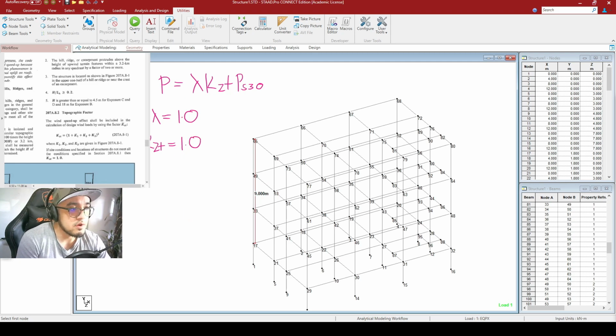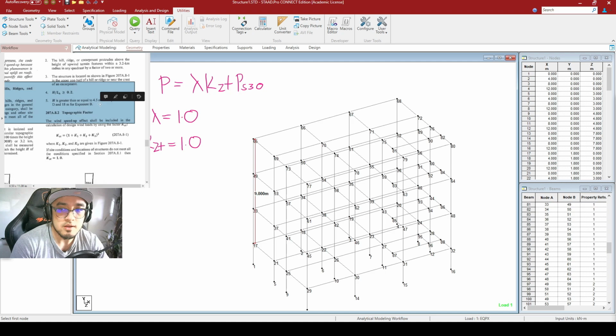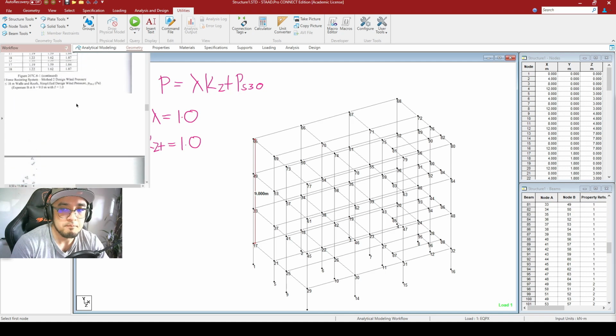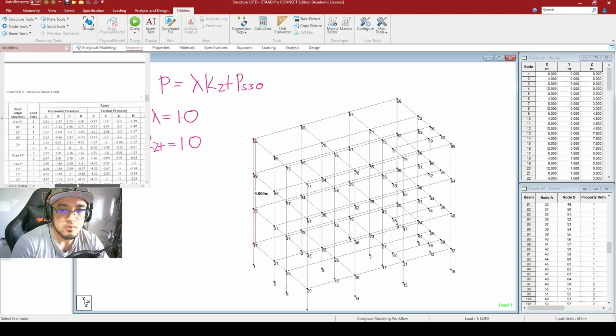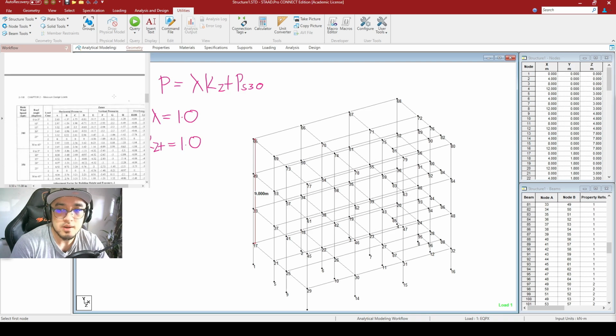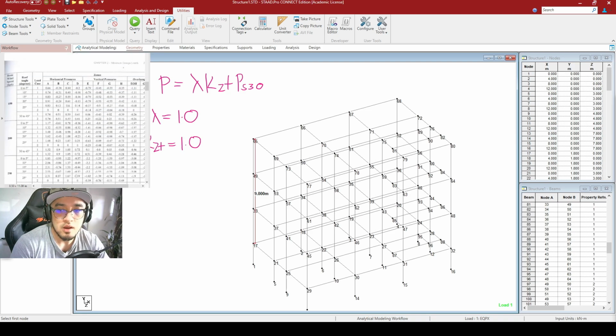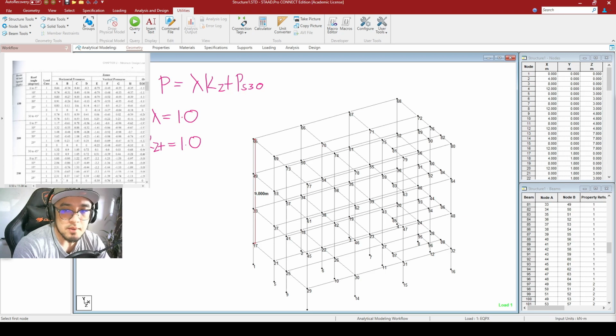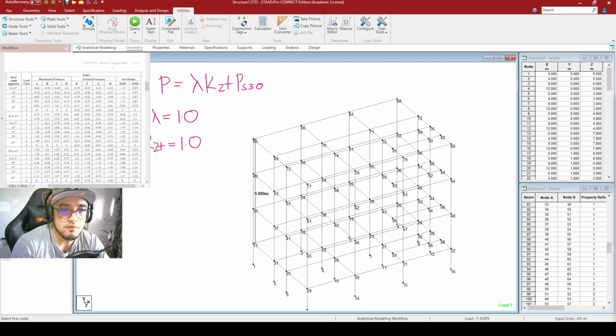And what about this PS30 right here? So this is to be given by these tables right here. As you can see, guys, in this table, our table is to be dependent upon the roof angle in degrees, the basic wind speed, and the zones of our pressure.